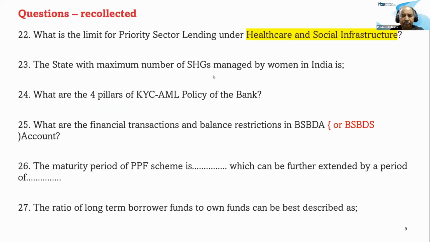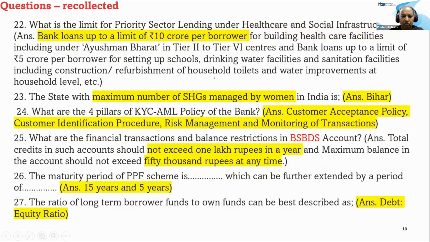Now, priority sector lending healthcare, it is 10 crores per borrower. Bank loan up to a limit of 10 crore per borrower for health, particularly under Ayushman Bharat. Otherwise, it is 5 crore. Number 2, the state with maximum number of SHGs, not Andhra Pradesh, not Telangana, it is Bihar. What are the 4 pillars of KYC? Customer acceptance policy, customer identification procedure, risk management, and monitoring of transactions.